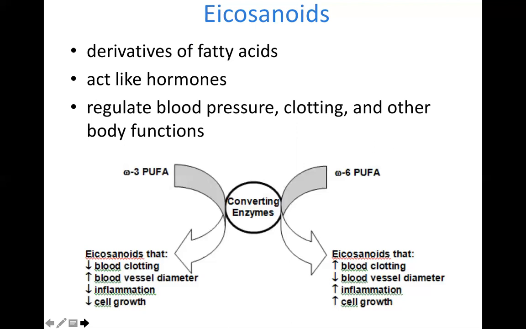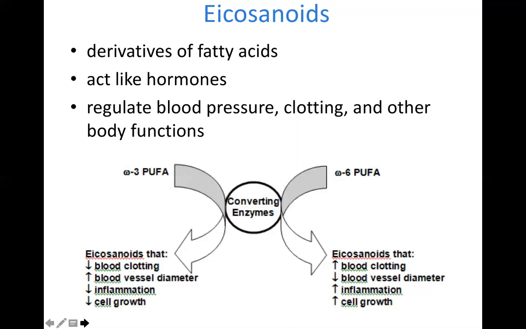Omega-3 derived eicosanoids can help lower blood pressure, prevent blood clots, increase vessel diameter, which is indirectly going to reduce blood pressure, decrease inflammation, and decrease cell growth, which as far as decreasing cell growth, primarily we're referring to cancer cell growth, which would be bad.